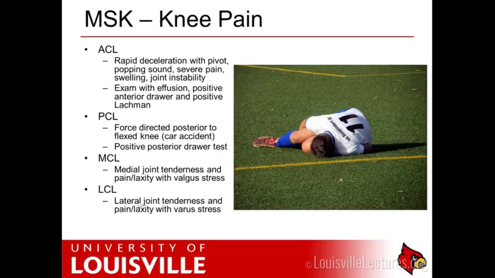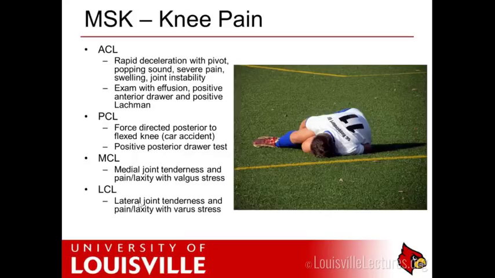PCL: the stem might have a car accident patient, so the knee is flexed and then you get force that's directed posteriorly. That might be what you see on the stem for patients with PCL tear, and they have the positive posterior drawer test. So anterior drawer, it's flexed at 90 degrees.